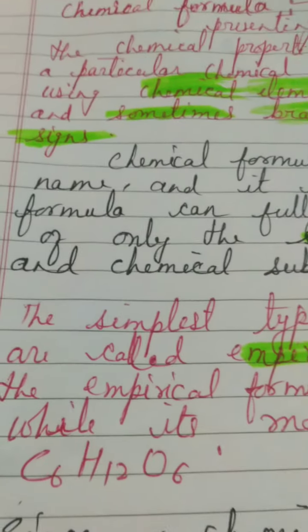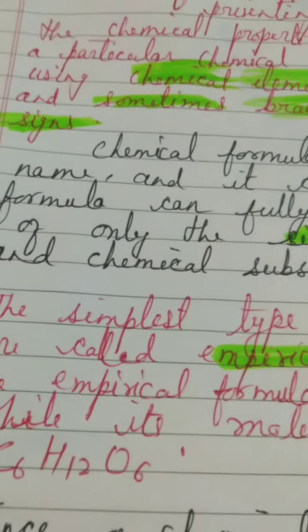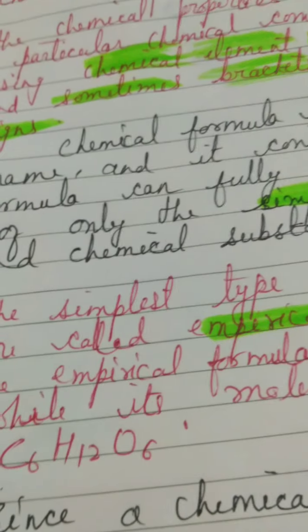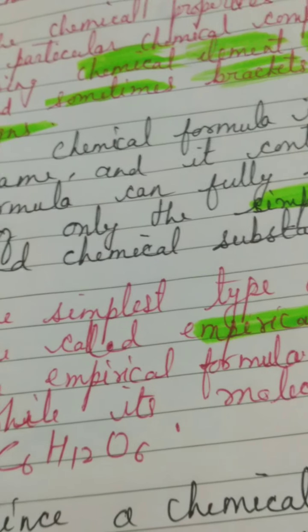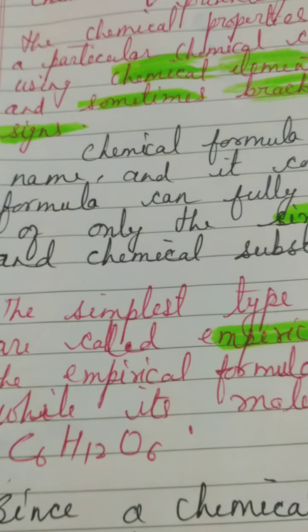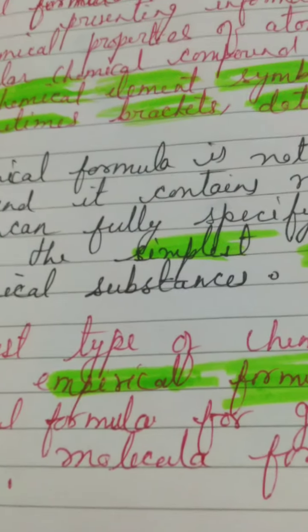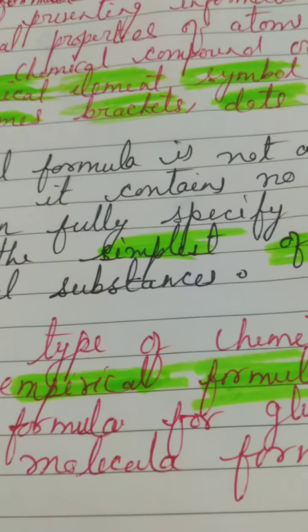Now I must tell you that a chemical formula is not a chemical name. When you write the chemical formula, you can speak it just by speaking its alphabets. If I say NaCl, this is the chemical formula. If I say sodium chloride, this is the chemical name. This is the basic difference. If I say H2O, then it is water.